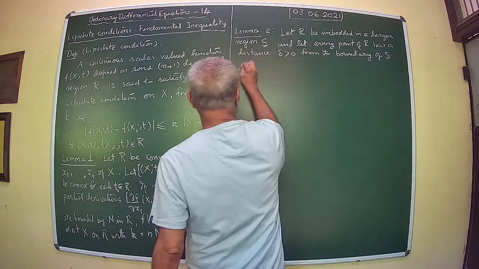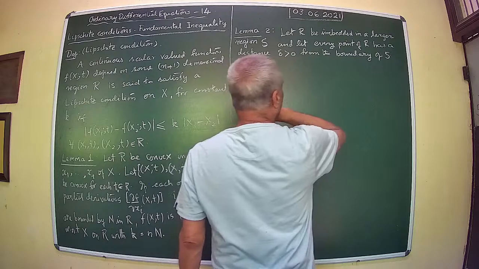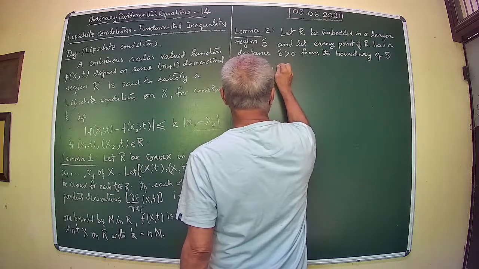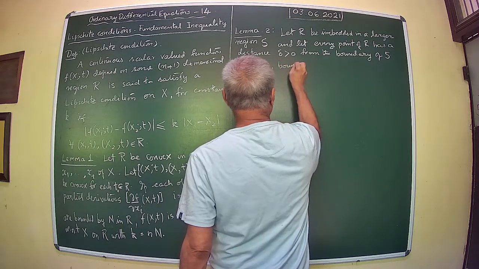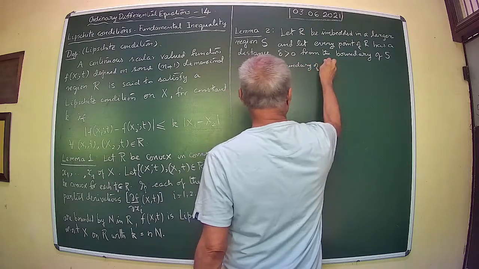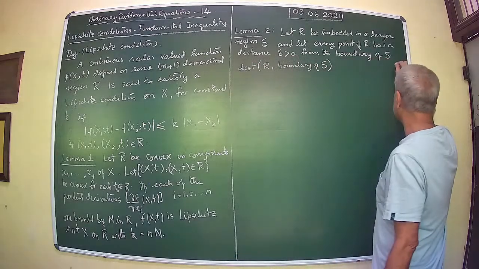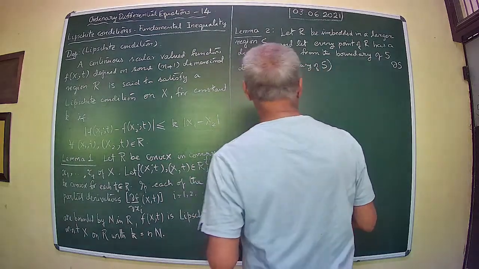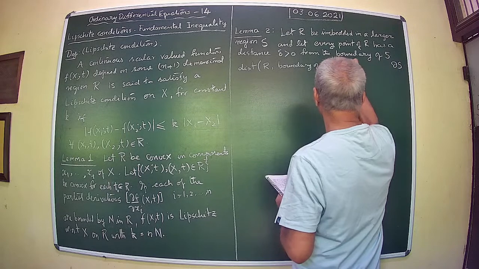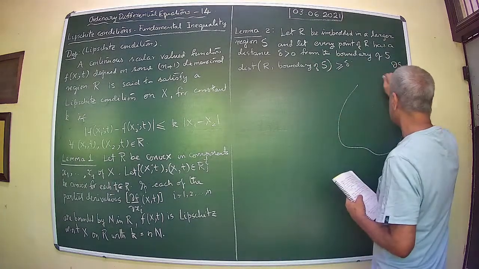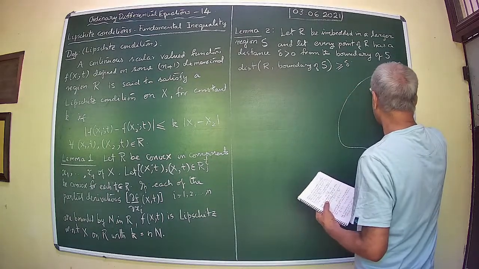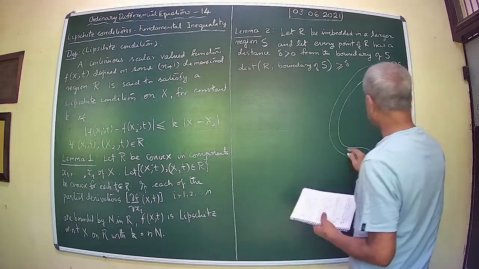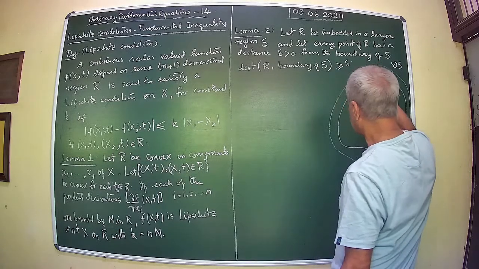That is the distance. What I am saying is that the distance from R to S. Suppose this is R, when this is embedded in some S, what is the distance between R and S?